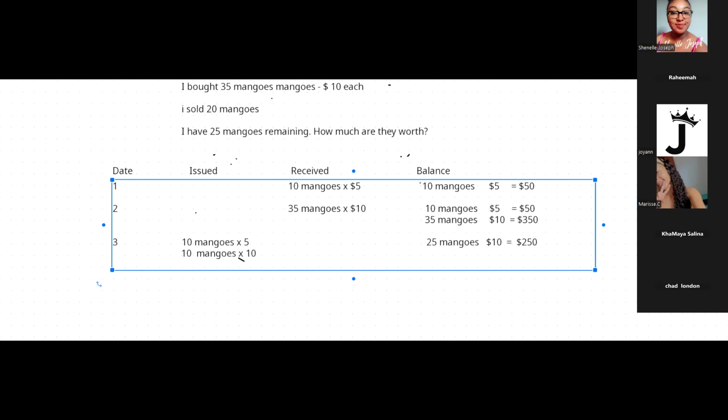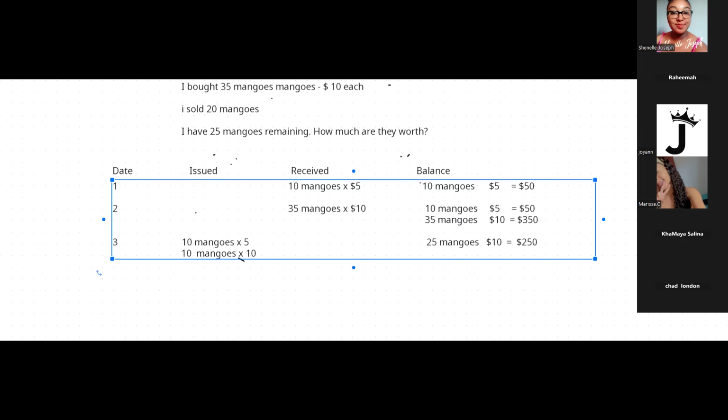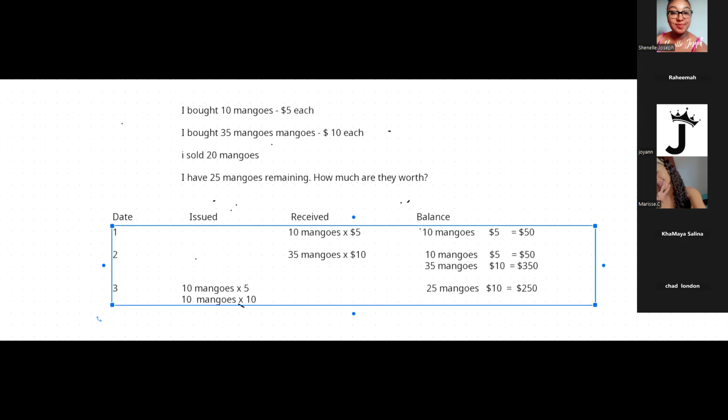Average cost, it doesn't matter which goods you sell. When you're using AVCO, the average cost, every time you buy goods, you calculate the new average cost of the goods. So when I bought the 10 mangoes at $5 each, the average cost would have been $5. When I bought the 35 mangoes at $10 each, I would have a new average cost.